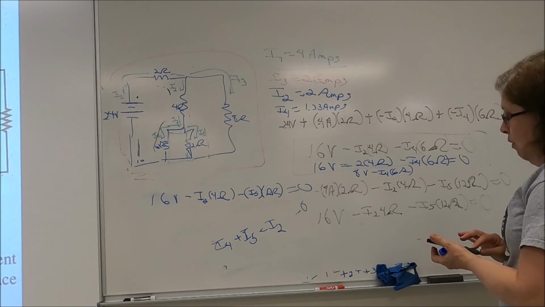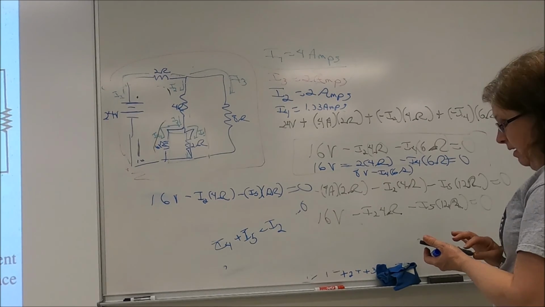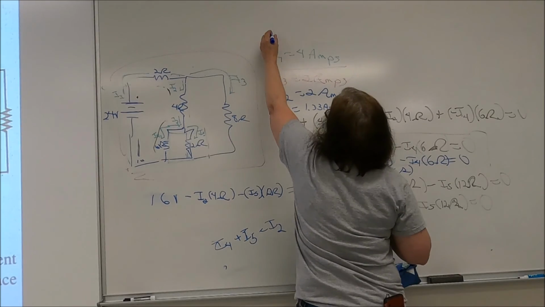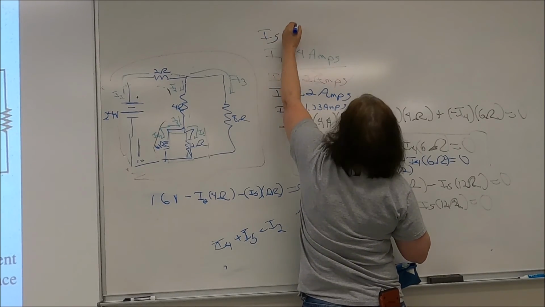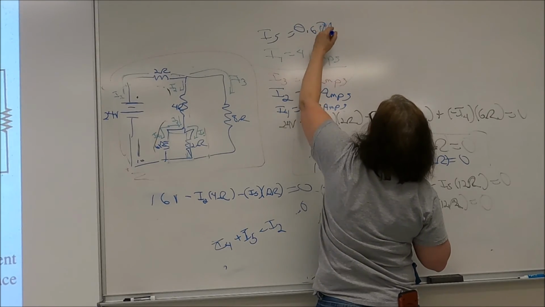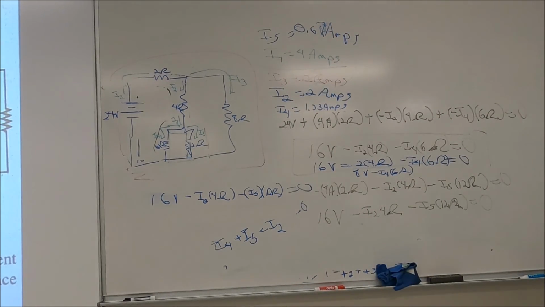So 2 minus 1.33 says that I5 is 0.67 amps. I was trying to make the problem harder than it was. I was forgetting to use my junction rules.